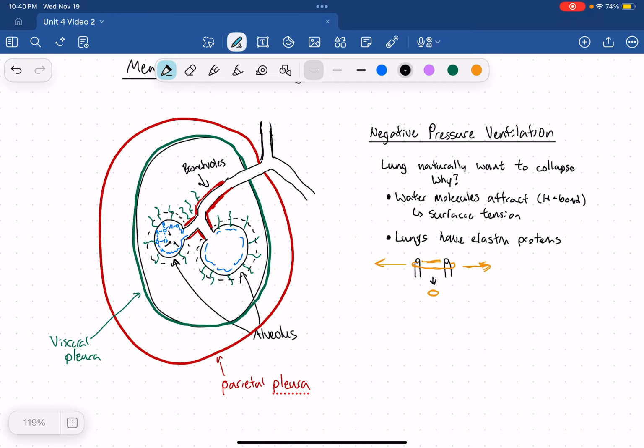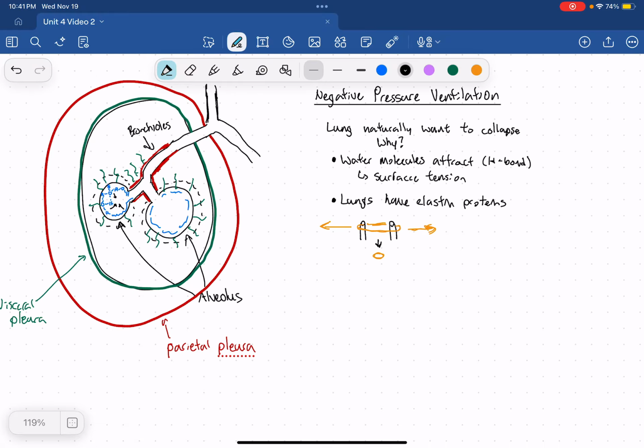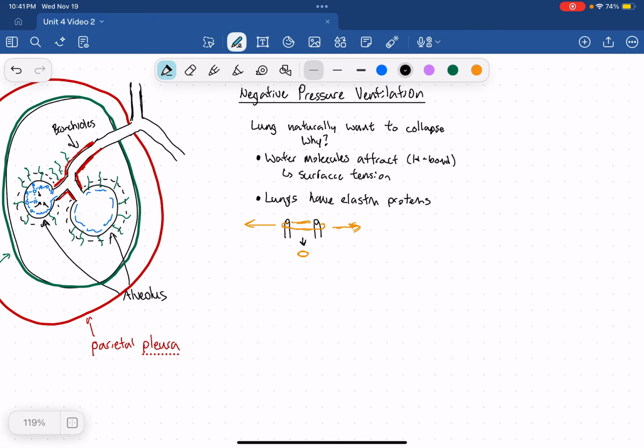Now let's talk a little bit about the pressures that are maintained within the lungs themselves. So let's say our alveolus here.